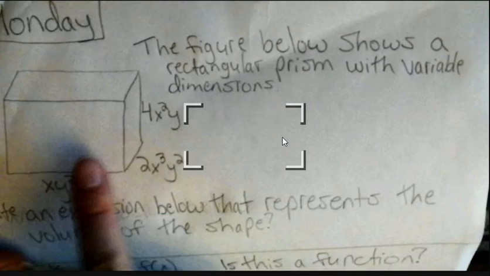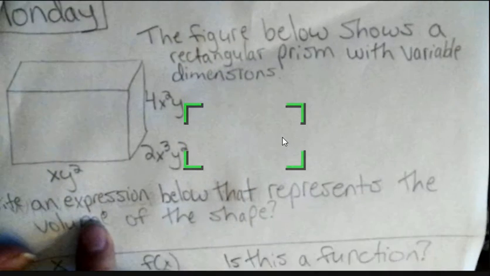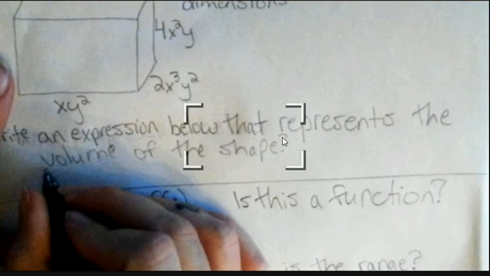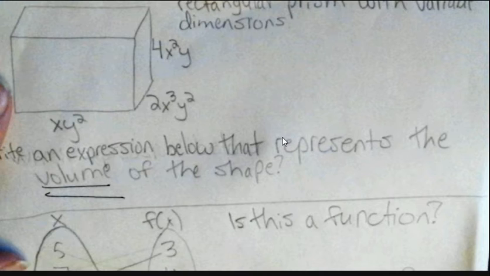So I have a figure here, and it asks me to write an expression that represents the volume of the shape. So this is a rectangular prism. I know that volume is a measure of everything that can fit inside. So volume equals length times width times height. I'm given an expression for length, an expression for width, and an expression for height. I literally need to multiply them all together.